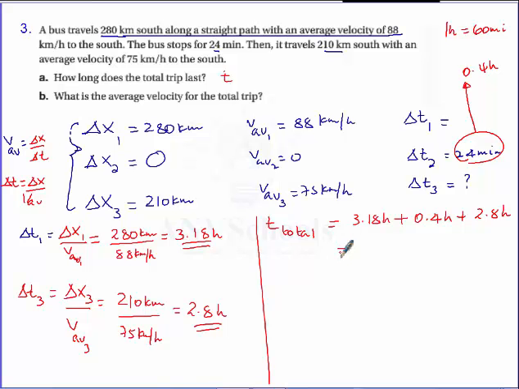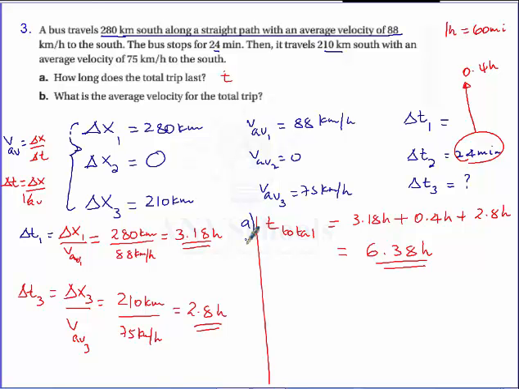When you add all this using a calculator, you will get 6.38 hours. This is the total time taken for the whole trip. This is the answer for question A.